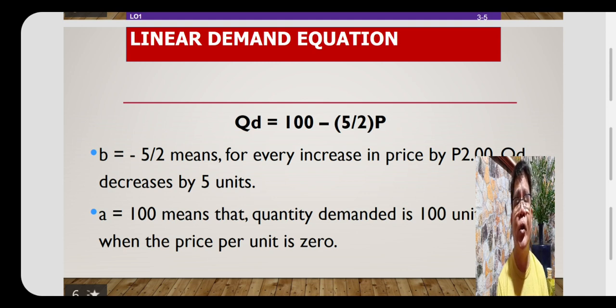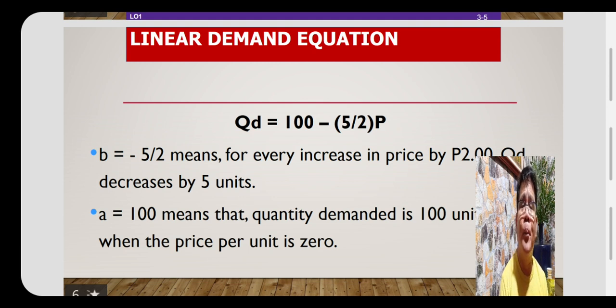Now let us also consider the value of A in this given equation of 100 minus 5 over 2P. 100 stands as the value of your A. What does the value of A stand for? The value of A stands for the value of the dependent variable when the independent variable is equal to 0.